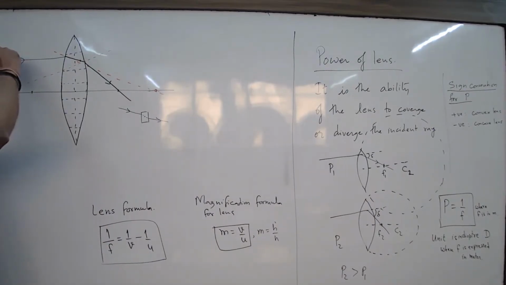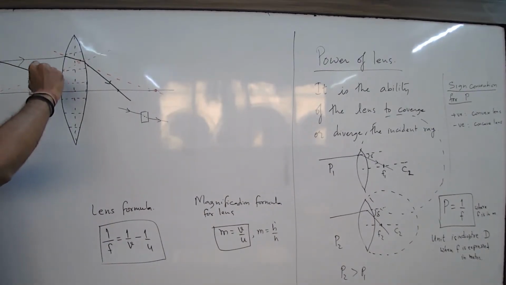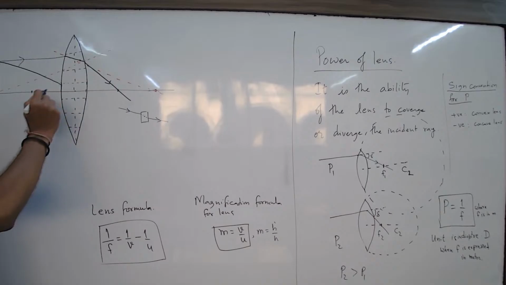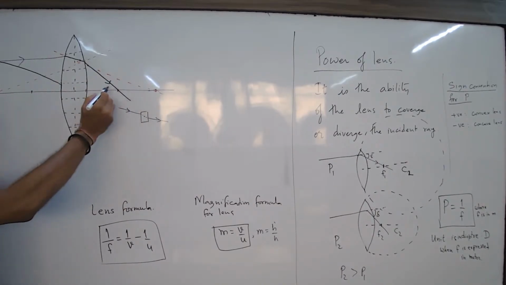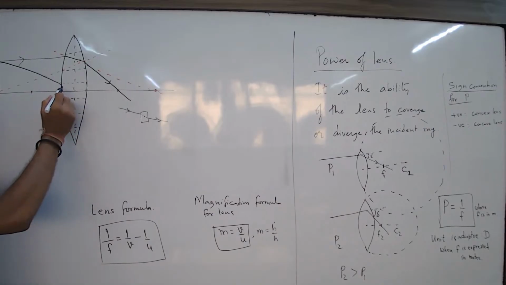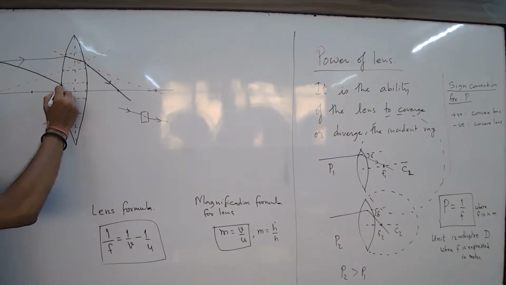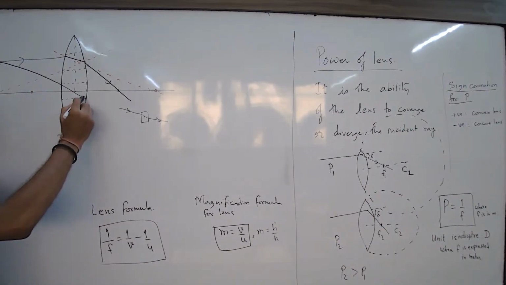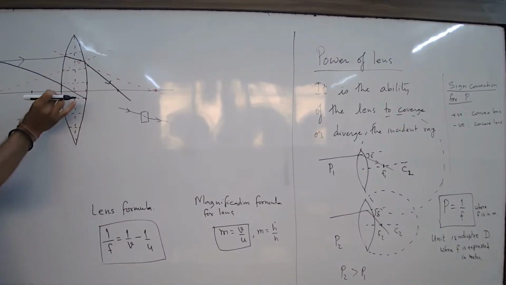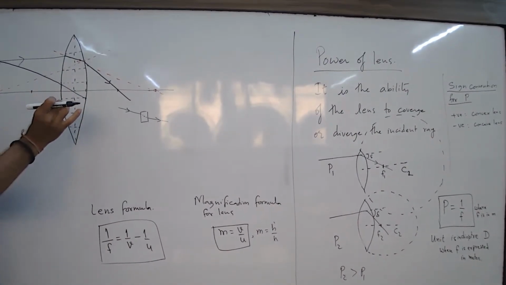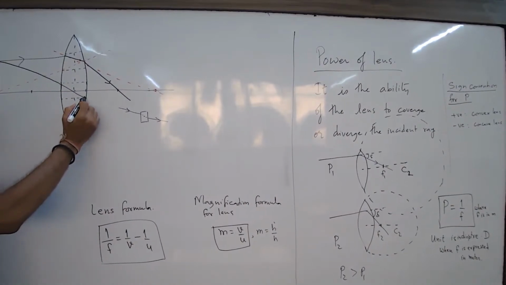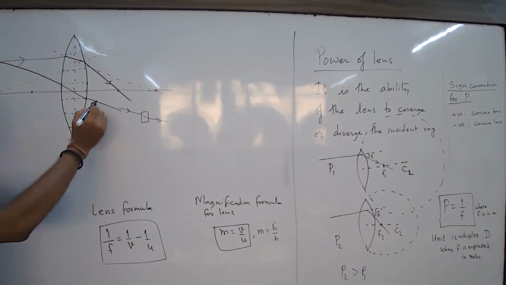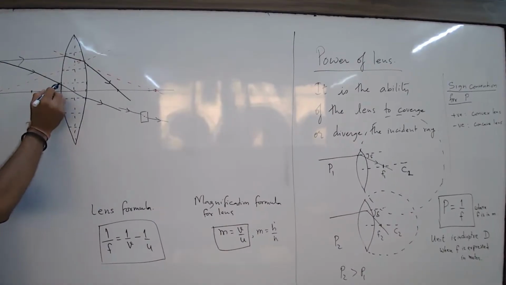If the ray comes here, again you have a normal here. It will bend a little bit. If the thickness is less, the bending will be very little, so it will almost pass straight through the center. You get the idea?